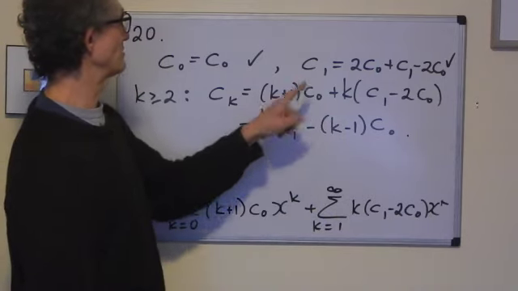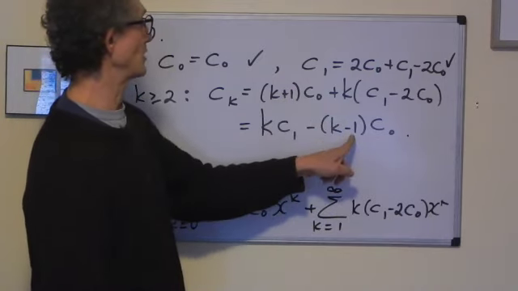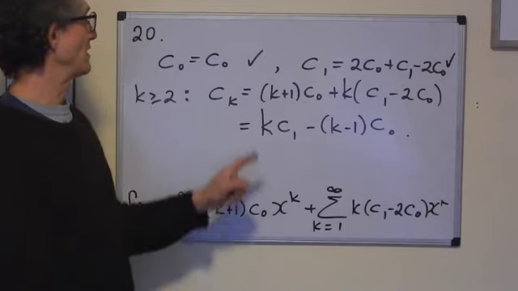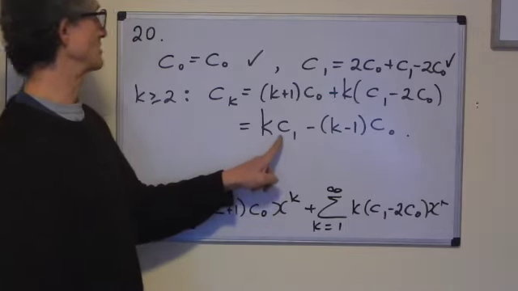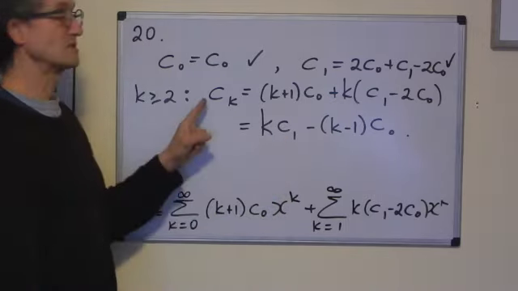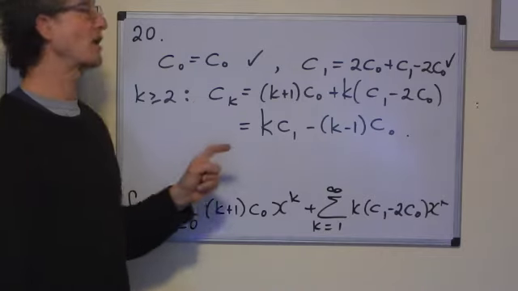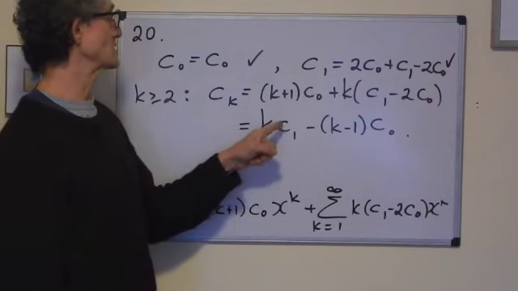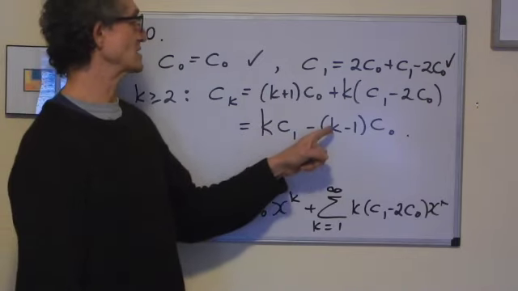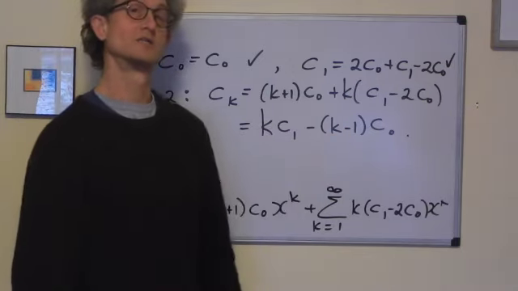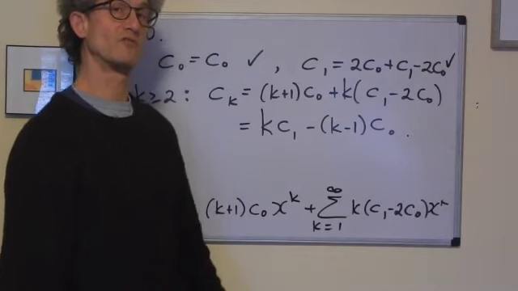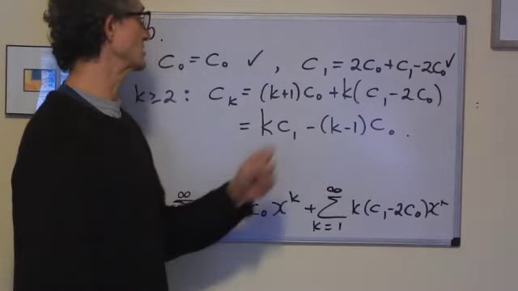We have 1 times c0, so that's plus 1 times c0. And then for c1, we have k times c1. And so that's the formula that we found, that the ckth number in the sequence is k times c1 minus k minus 1 times c0 in terms of the first two coefficients, c0 and c1.